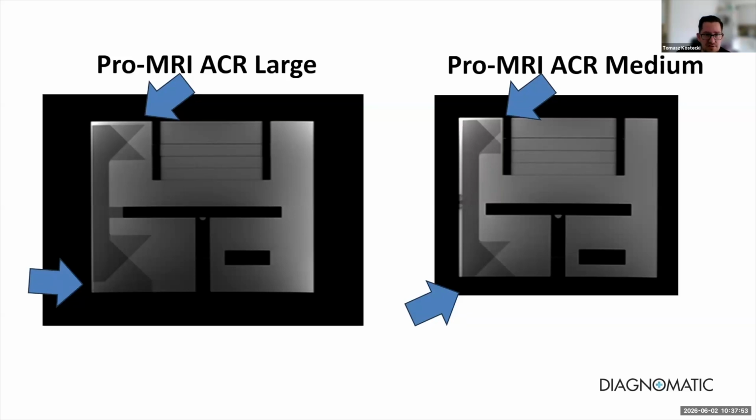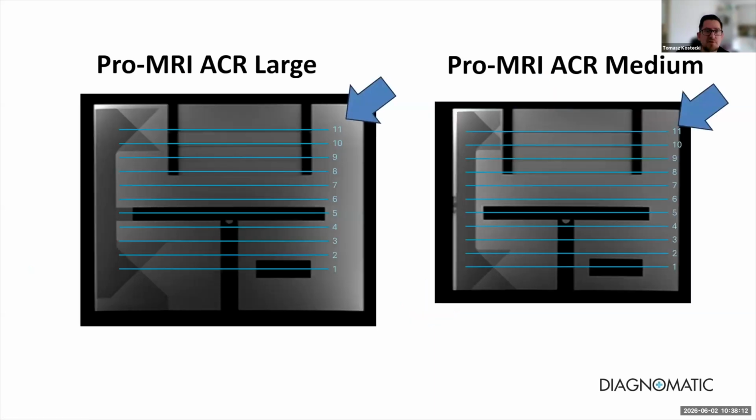As you can see, the wedges are a bit longer, but the main wedge is in the same position in both phantoms. Nevertheless, both phantoms can be scanned using the same general protocol, including the same number of slices, field of view, and slice thicknesses.